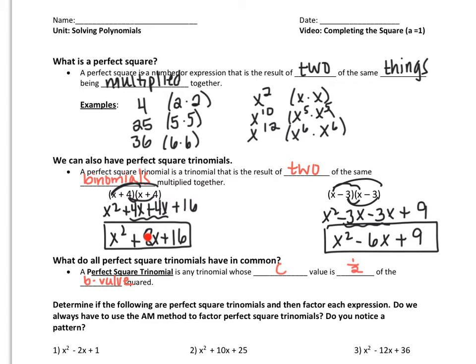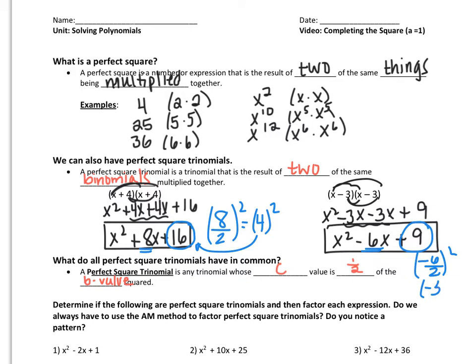Remember it goes A, B, C, right? So this C value of 16 is found by taking half of the B value, so half of 8, divided by 2 squared. So 4 squared is 16. That works. Now let's look at this one. This C value is half of B, so half of negative 6 squared. So what's that? Negative 3 squared, which is 9.